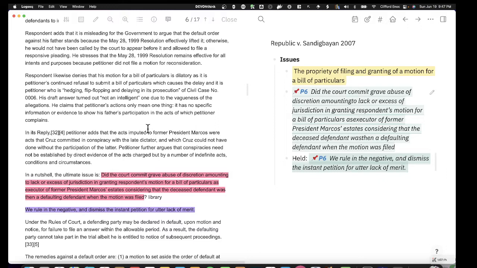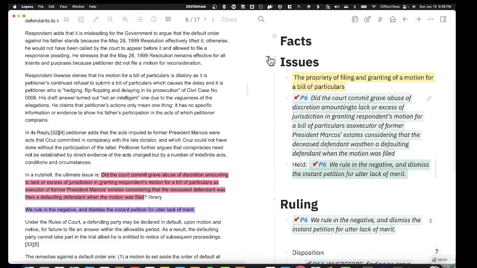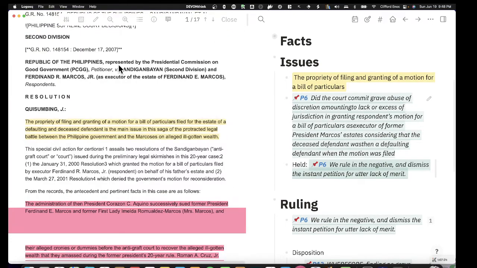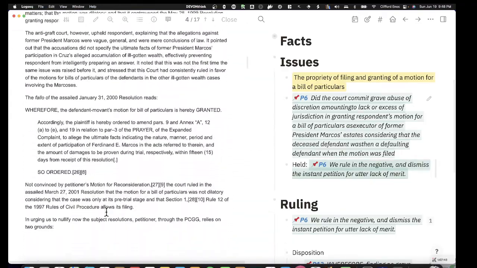So, sabihin, yung petition ng Republic, no? The Republic's petition, if the court, which is the Sandiganbayan, Second Division, committed grave abuse of discretion. So hindi siya nag-commit ng grave abuse of discretion.